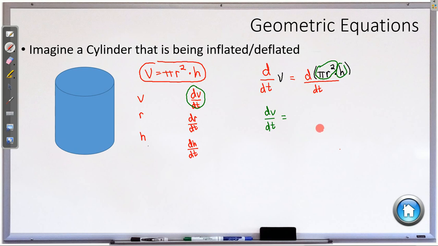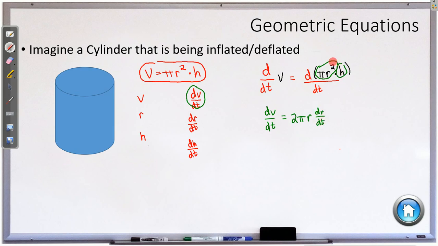Okay? So take the derivative of the first, so the 2 multiplies down. Oops, not squared anymore, is it? So we have 2 pi r, but do you see the variables don't match? So we have to add a dr/dt.